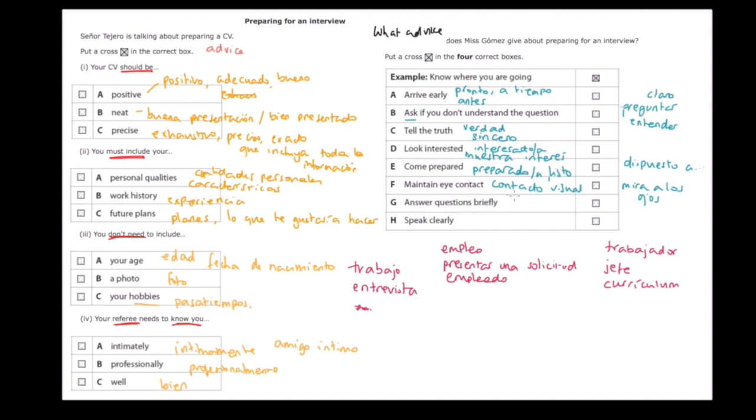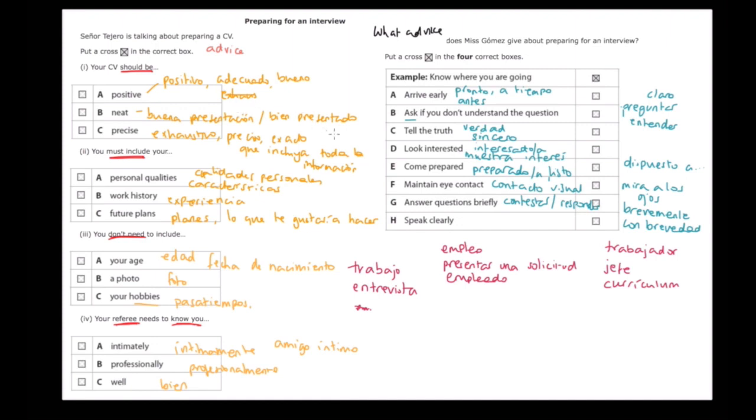Answer questions briefly, so to answer is contestar o responder. And briefly, we would usually say brevemente or con brevedad. But remember, you may also hear procura que tus respuestas sean cortas o que tus respuestas no sean muy largas. So be ready also to hear the opposite.